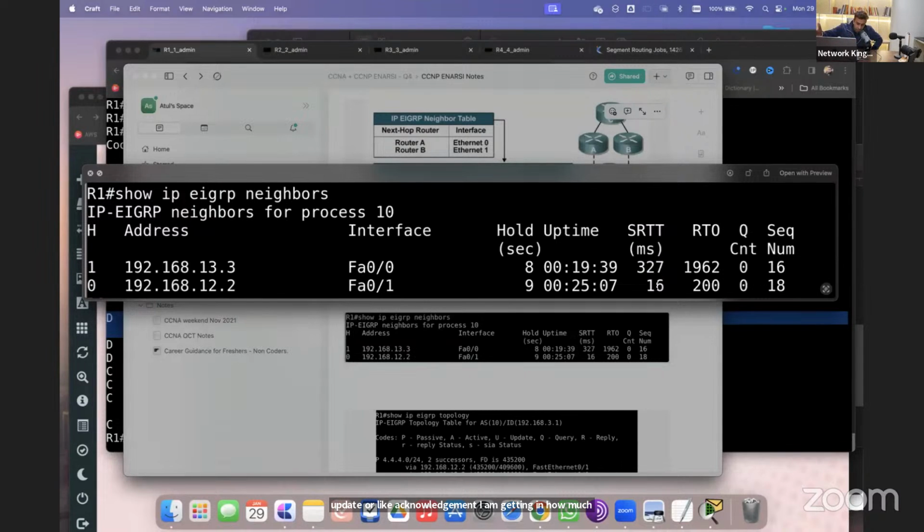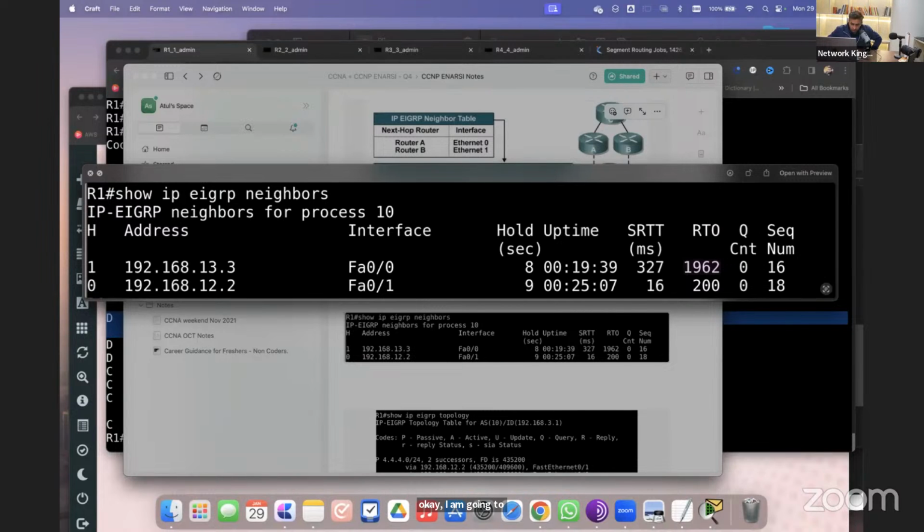Whenever I send you a message, I get my reply in approximately 327 milliseconds. Then RTO, the retransmission timeout: if anybody is not replying, I will retransmit the packet again after that many seconds.